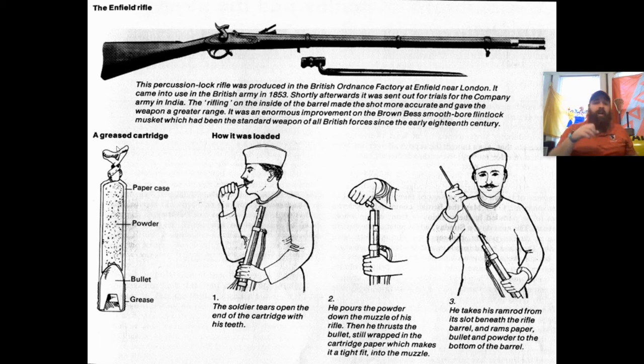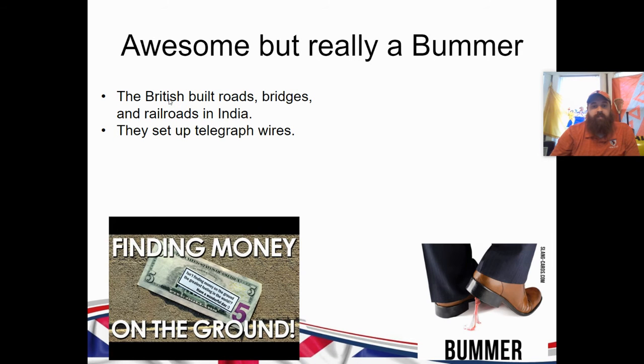So in order to load your gun, you literally had to rip it off, pour it down the barrel, and ramrod it down. So naturally, if it is being sealed with beef or pork fat and you have to bite it, that's super offensive and super haram.